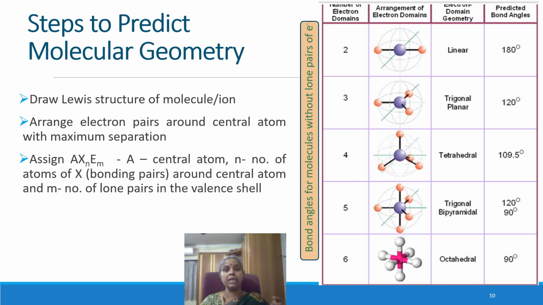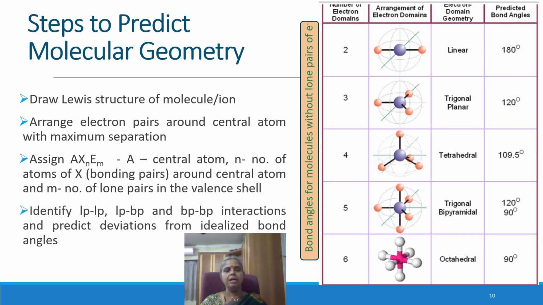X refers to bonded atoms or the bonding pairs. A is the central atom, N is the number of bonded atoms, which is X, and M is the number of lone pairs of electrons in the valence shell.